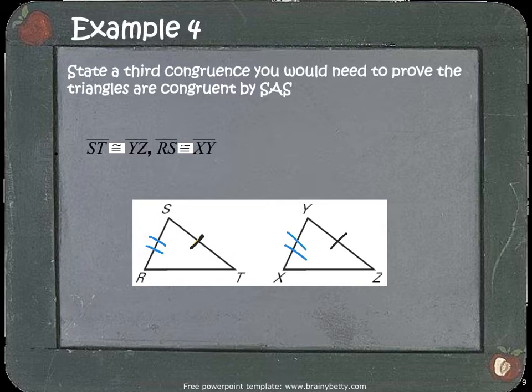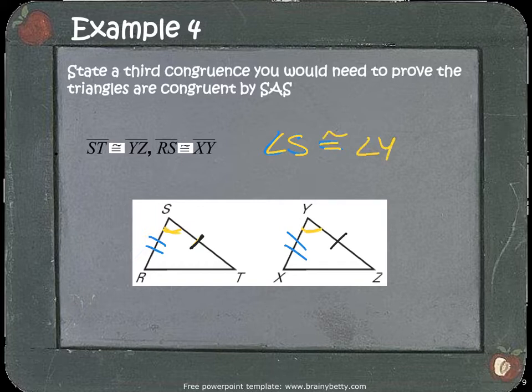So what would we have to show is congruent in order to prove these by side angle side? Beautiful. So you would have had to somehow establish that angle S is congruent to angle Y. And you can't pick any random angle.